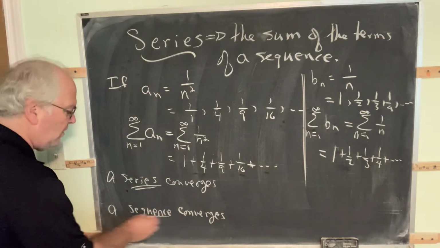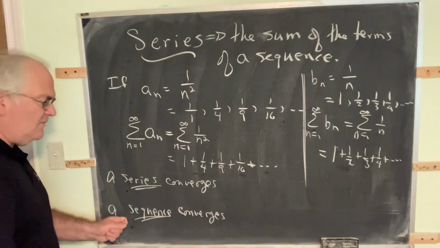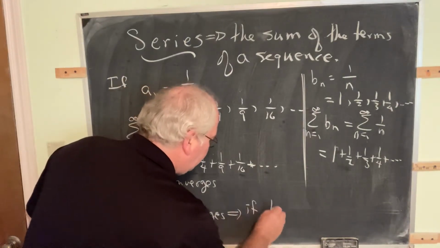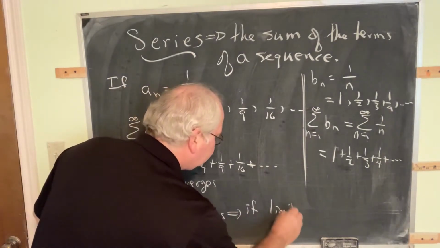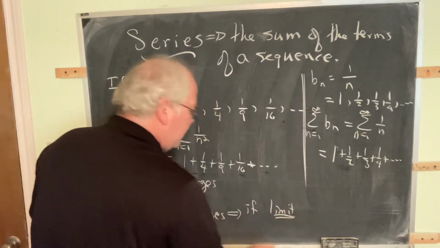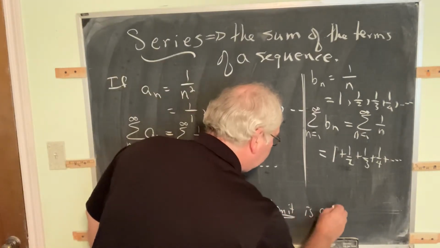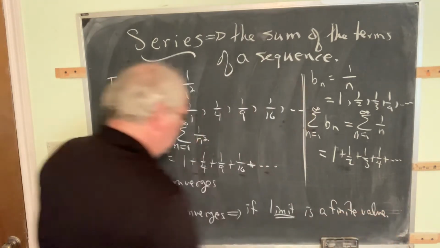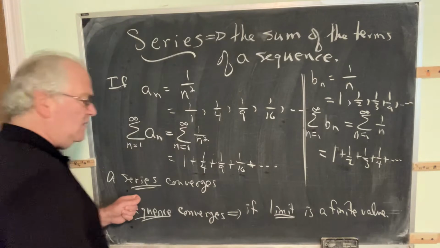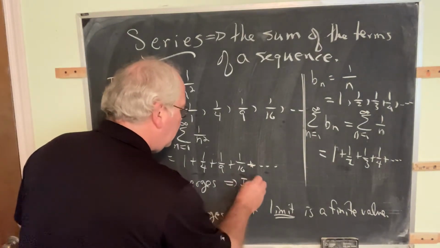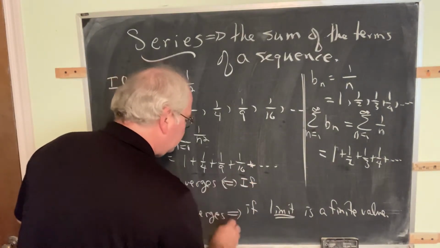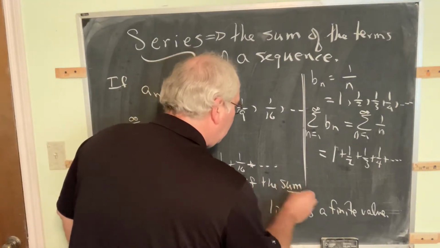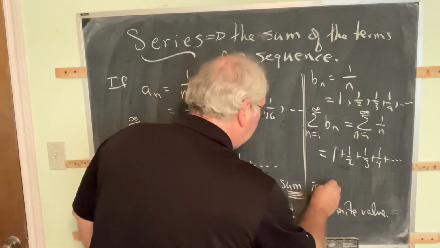Now, we've talked about that before. A sequence converges if the limit, right, if the limit is a finite value. But the series converges if the sum is a finite value.